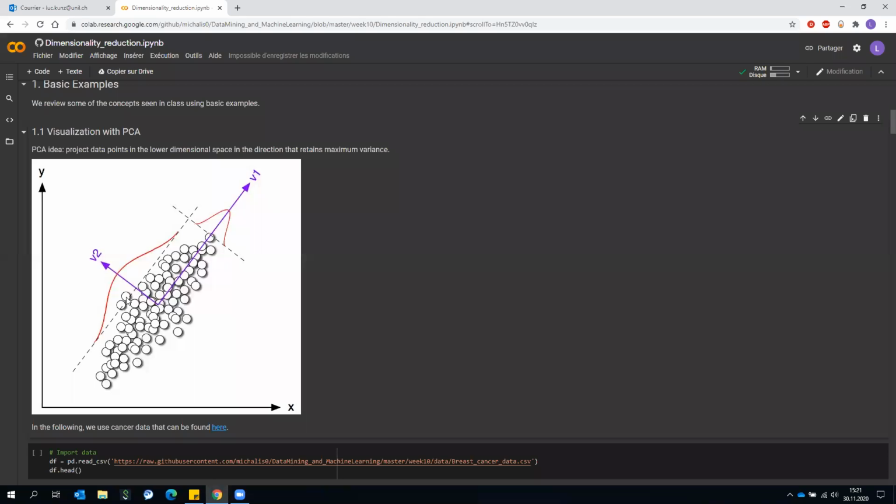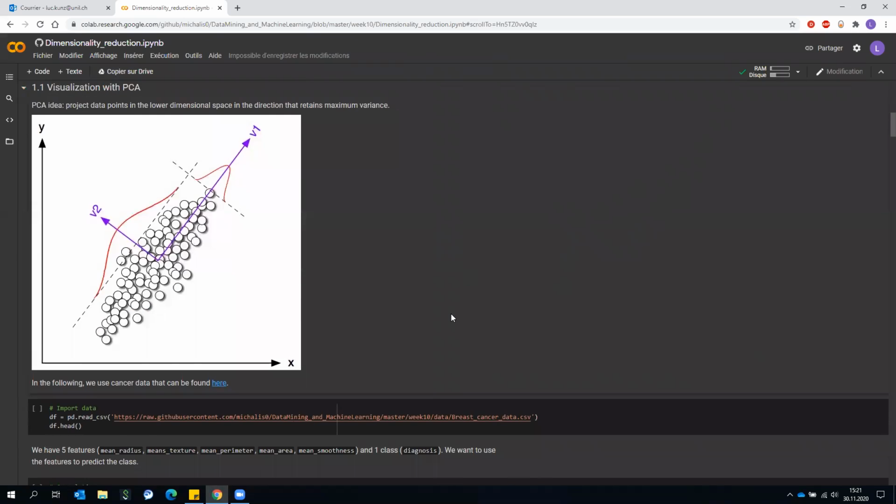For example, this one will be projected around here. This one, which is far from this one, will be projected right here, and this distance will remain approximately the same. This is an example from 2 to 1 dimension, but we can go from, and we will see this also, 1,000 to 100 dimensions, for instance. So it is not limited.